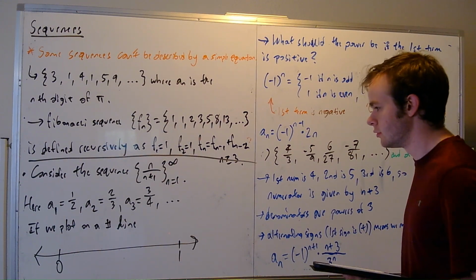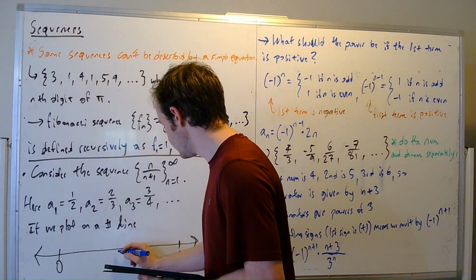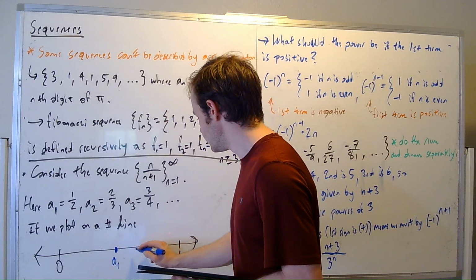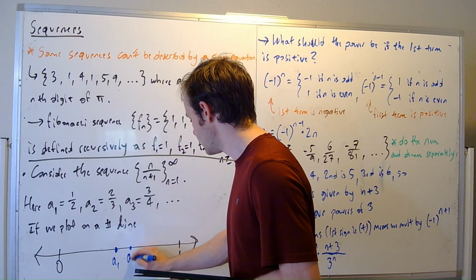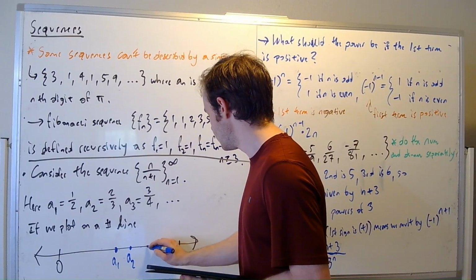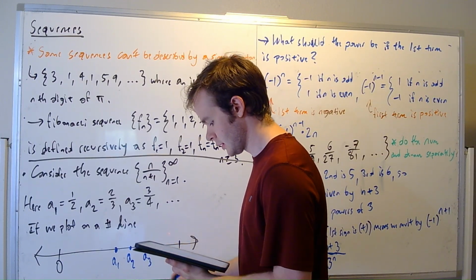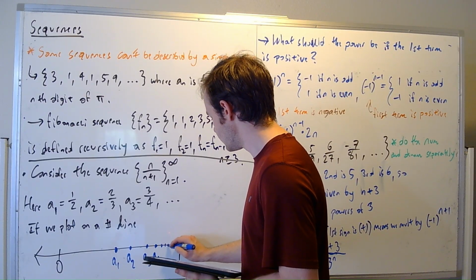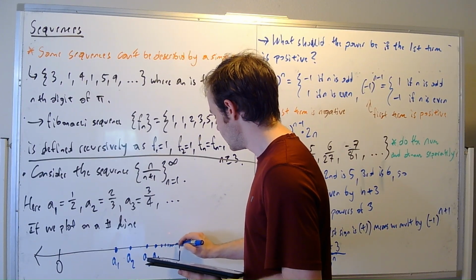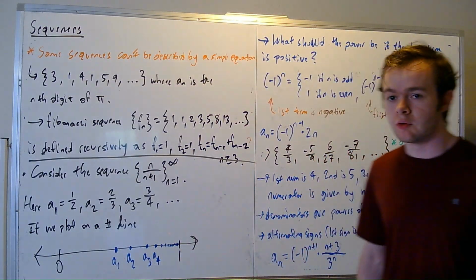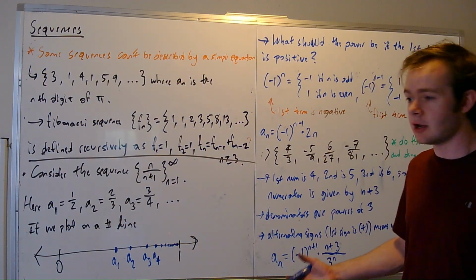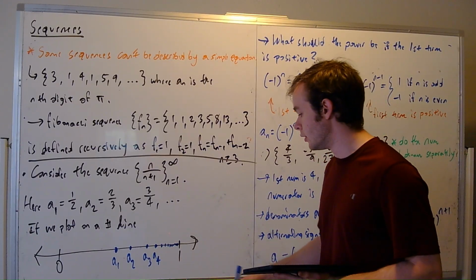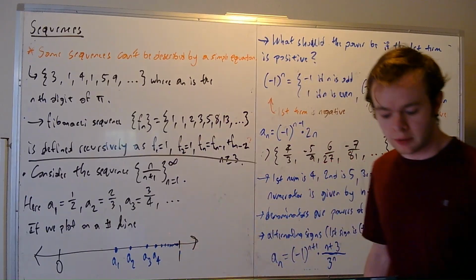Let's look at where each of these falls. a1 is a half, so it's going to be halfway between. a2 is 2/3, so it looks something like this. a3 is 3/4, so it's around here. And then we get a4, a5, a6, a7, a8, and so on. What happens is they just get closer and closer to 1, because if you think about 1,000, you're going to get 1,000 over 1,001, which is a very close number to 1. So you're just going to keep getting closer and closer to 1.